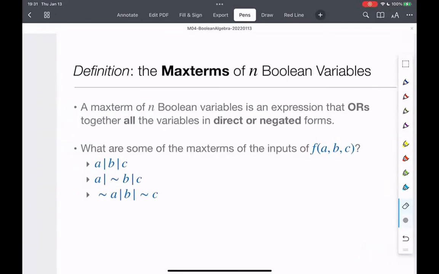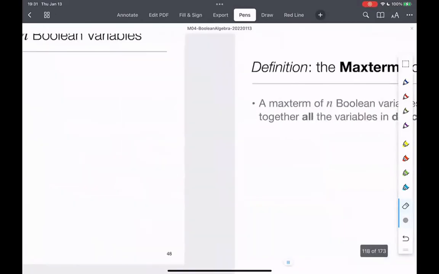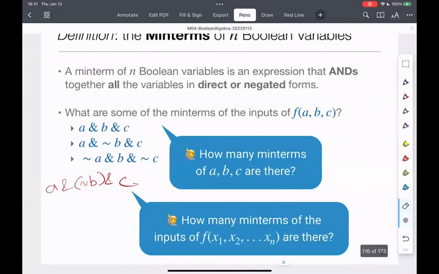So intuitively, if you go back, a minterm saying A and B and C is saying A is 1 and B is 1 and C is 1. So it's pointing us to a particular row in the table, right? It's pointing to the last row of my truth table, the one where everything is 1.